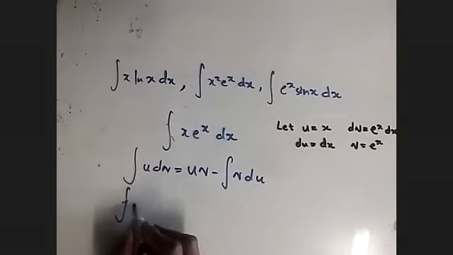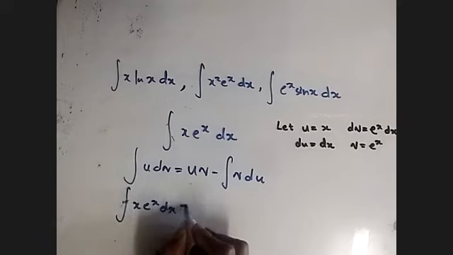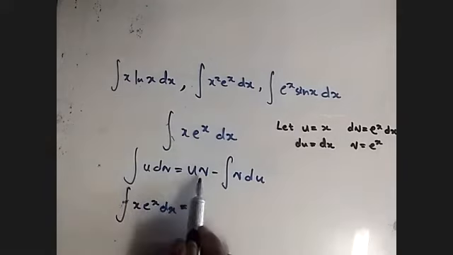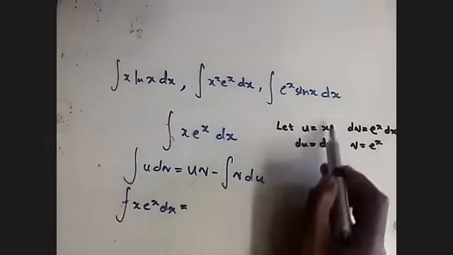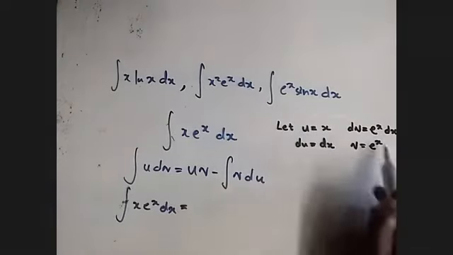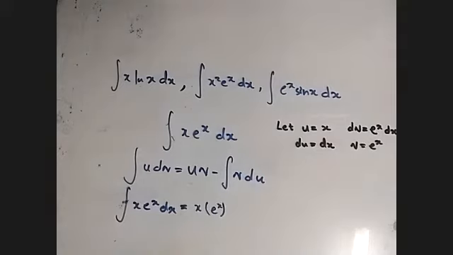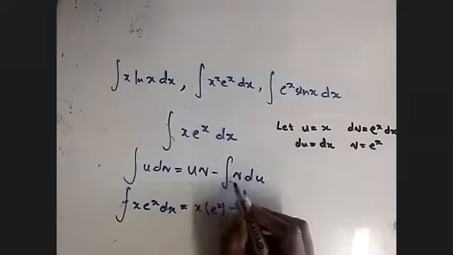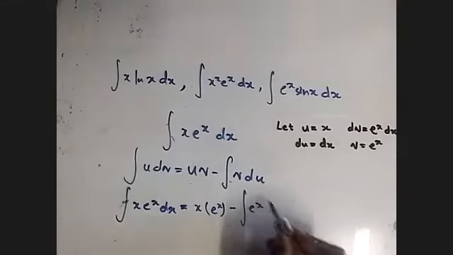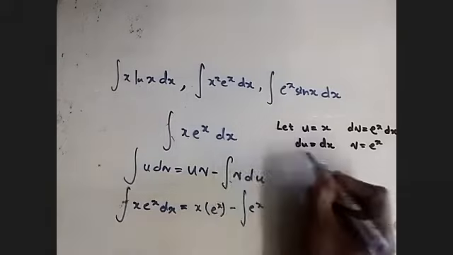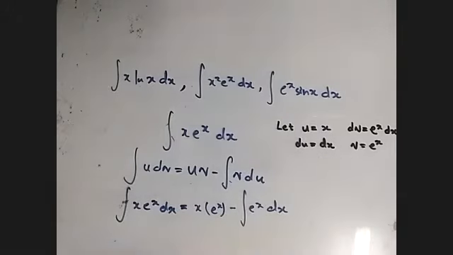Our u is x, and our dv is e to the x dx. Now we multiply u and v: our u is given by that, and our v is given by that. So we have x times e to the x, just the multiplication of u and v, minus the integral of v, which is e to the x, and our du, which is dx.